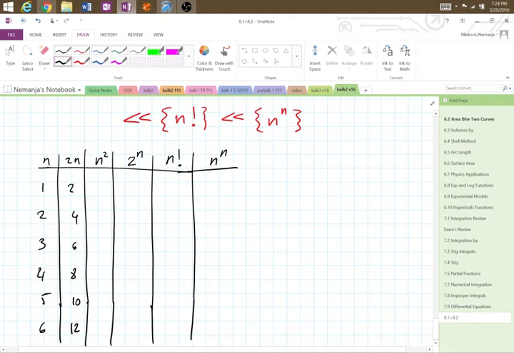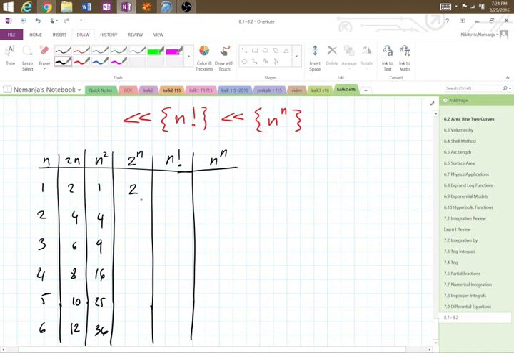And then n squared, which means you take all the n's and you square them. So you get 1, 4, 9, 16, 25, and 36. So now you see that the function n squared grows faster than both 2n and n itself. Now 2 to the n. So that's 2.